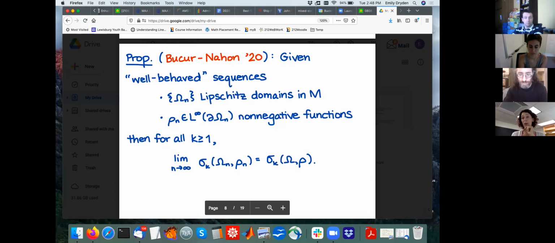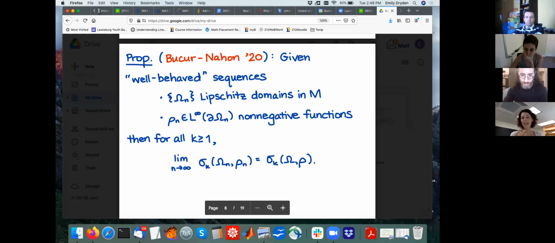Their result was originally stated in R2, and we just observed that you can state it whenever omega is a domain in a simply connected, complete manifold. So given certain well-behaved sequences, you have a sequence of domains and a sequence of non-negative functions. There are some conditions they have to satisfy; if you want to know more, you can ask me, but I'm sweeping that under the rug.